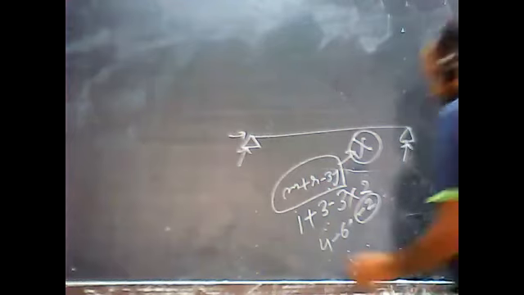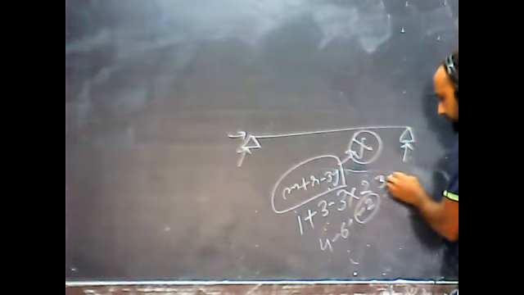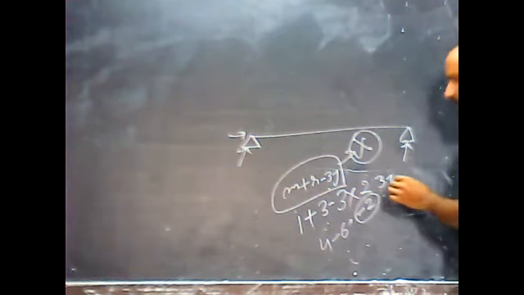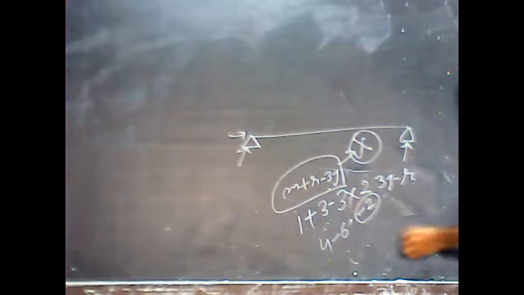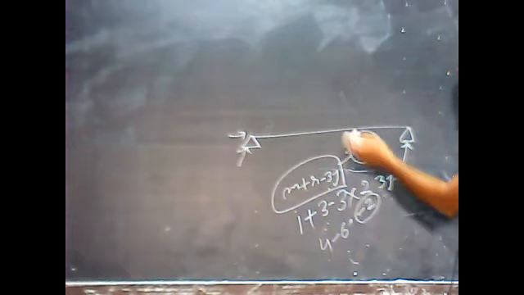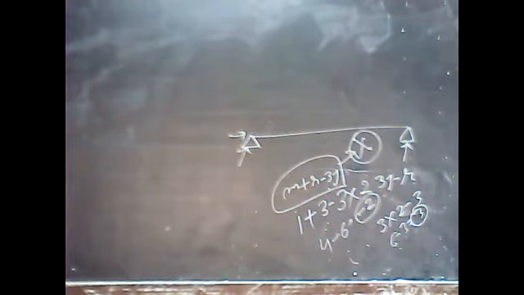What is the relation? 3J minus R. Okay. 3J, 3 into J is 2, minus R is 3, 6 minus 3. It means it's indeterminate by 3 degrees of indeterminacy.